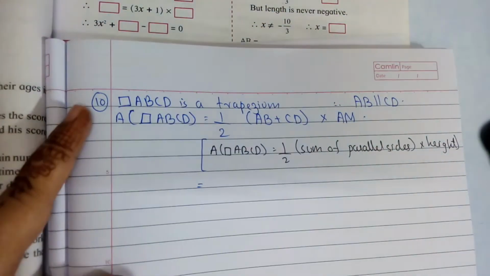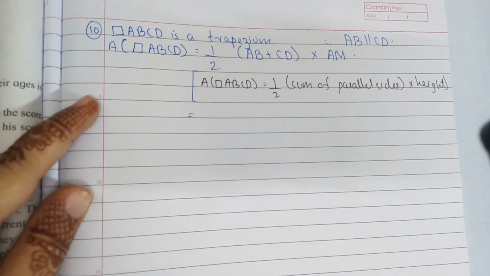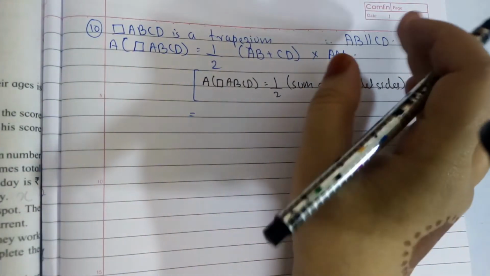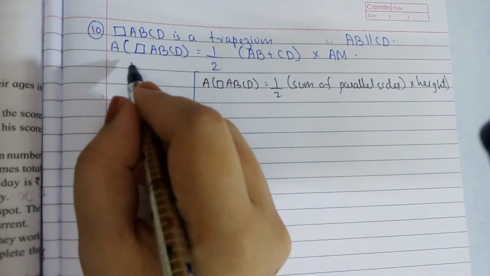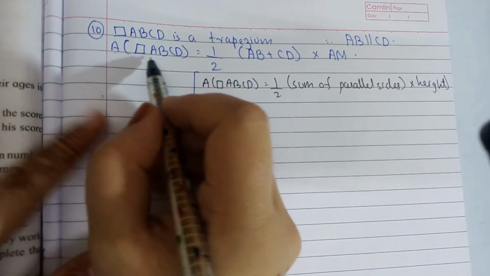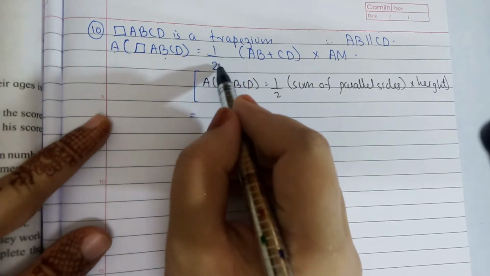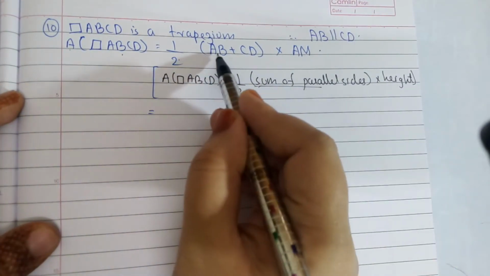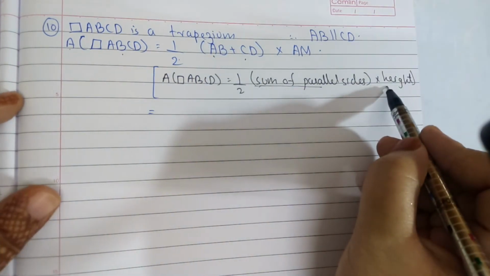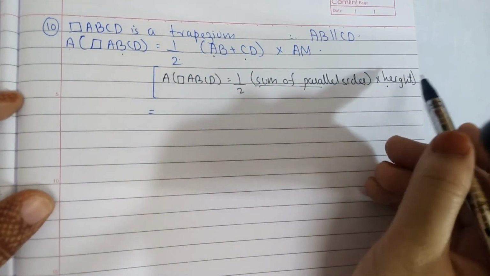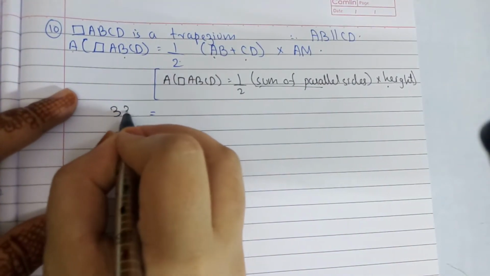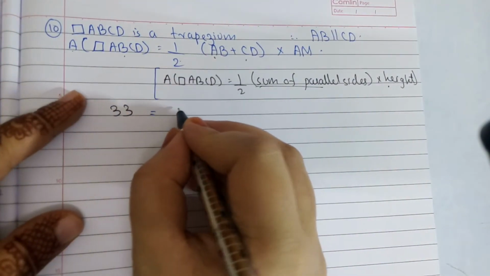Quadrilateral ABCD is a trapezium, that means the parallel opposite sides are parallel, and the formula for the area of a trapezium is half into the sum of parallel sides, that means AB plus CD, multiplied by height. Here the area is given as 33 centimeter square, multiplied by half.